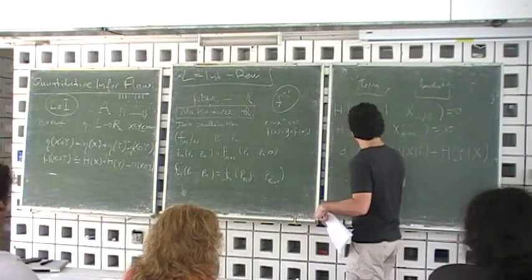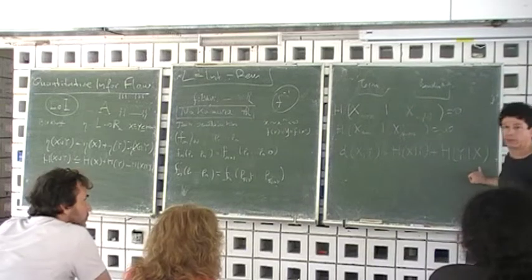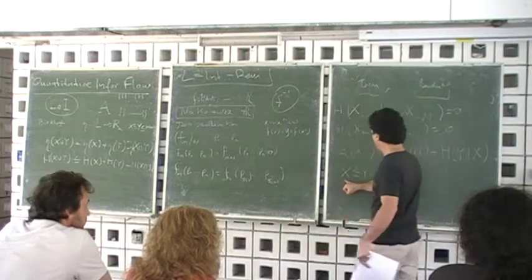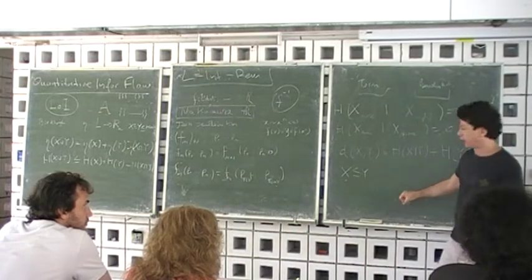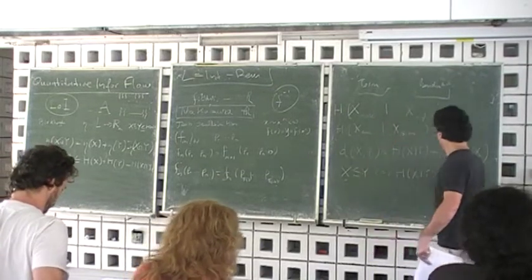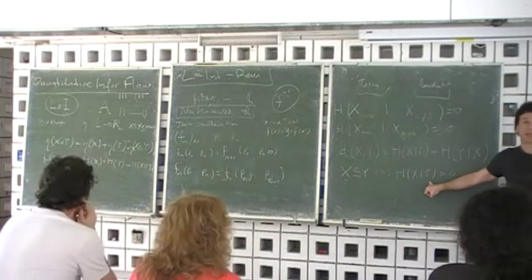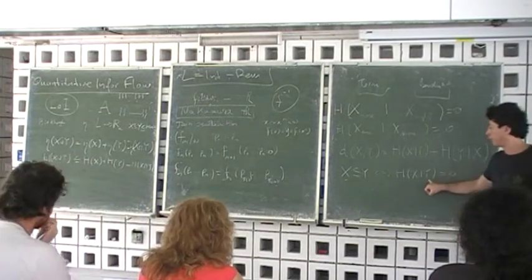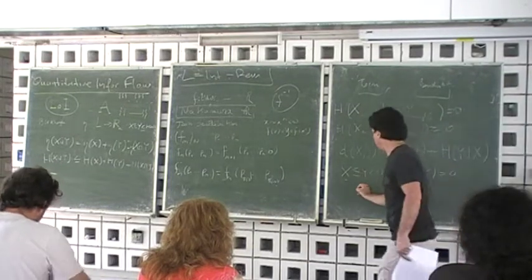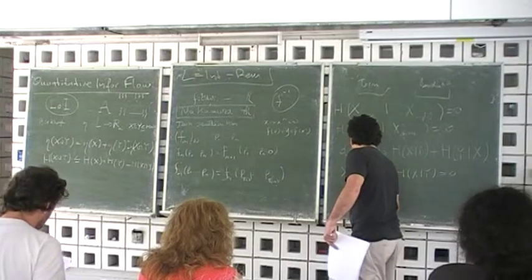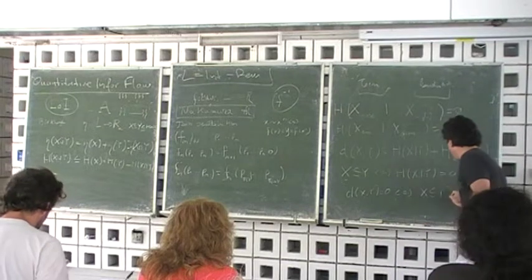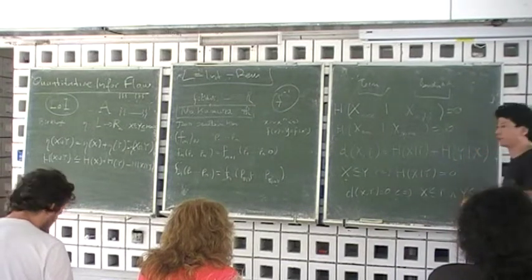So now we can play with this thing, and we can define the following order. We can say that X is less than Y if and only if Y provides all information about X. So if we know Y, there is no uncertainty about X. And then it's clear that d of x, y is equal to 0 if and only if X is less than Y in this sense, and Y is less or equal to X in this other sense.